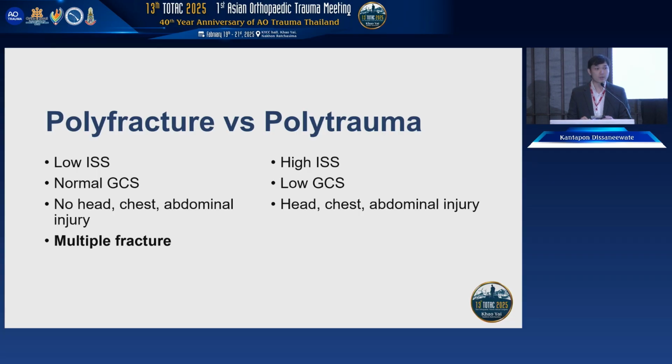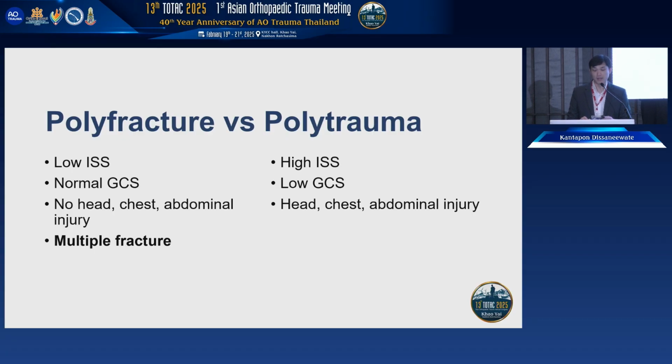So usually when we talk about polyfractures, we think about low ISS score and normal GCS, no head, chest, or abdominal injury. So think about distal radius fractures with femur fractures, or hip fracture with proximal humerus fractures. These are what we would call polyfractures, so multiple fractures essentially.